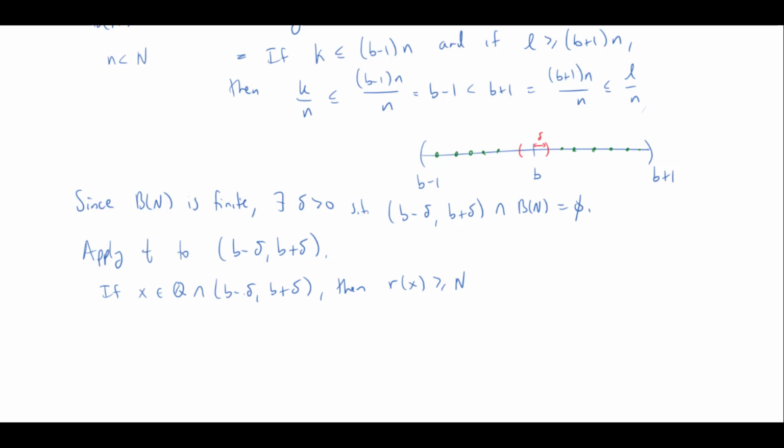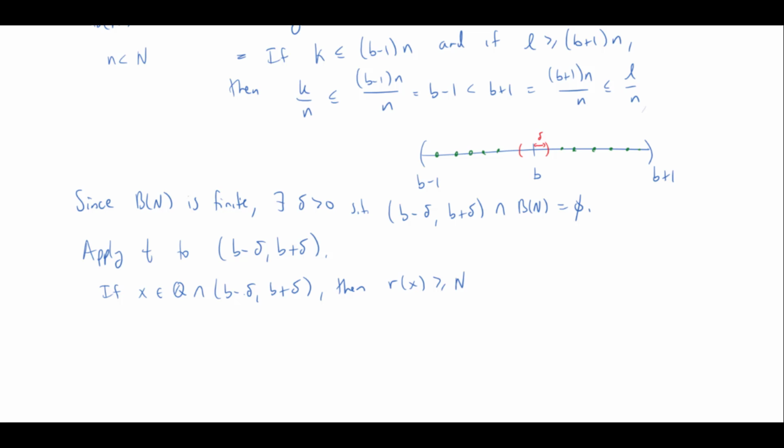Why do I know that? Well, the reduced denominator of x cannot be smaller than n, because we know that inside this little red B coin of radius delta, there are no reduced fractions whose denominator is less than n. That was the whole point of what we did up above. We found all of the denominators that were small, meaning less than n, and we're getting rid of all those fractions.